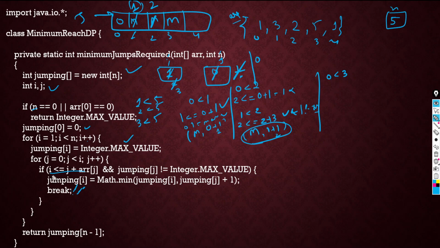If it is correct, then I, 3, is less than or equal to j, which is 0 plus array of j, 1, it is failing. Again we have to increase this.